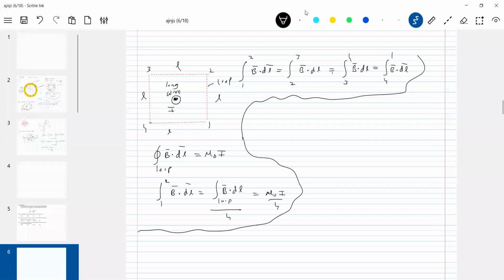Let me take the next situation. It is at a distance of L by 2 and this is L by 2.